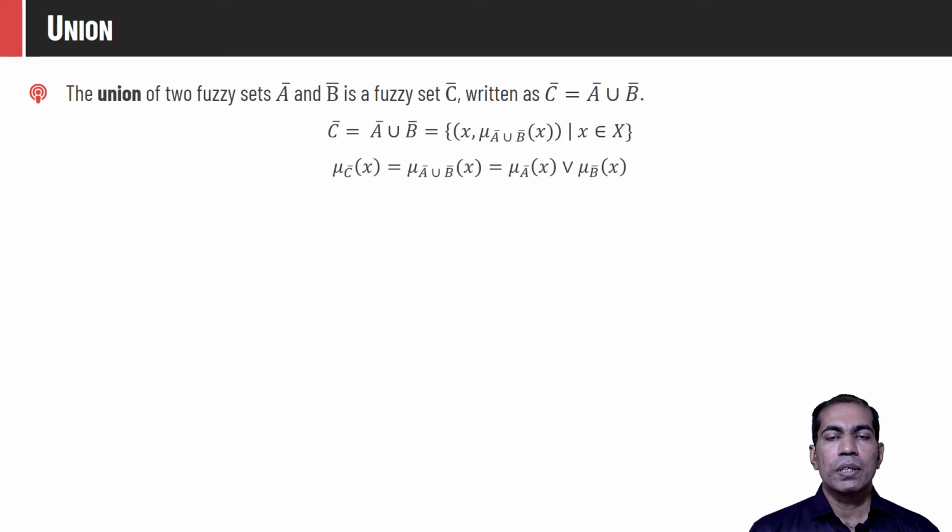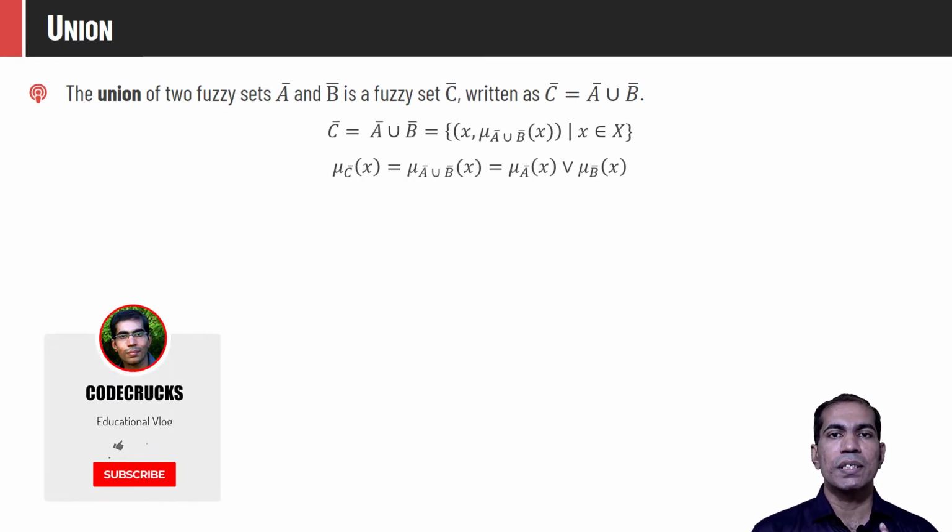We can compute the membership value in union set as follows. Mu C bar of x is equal to mu A bar of x disjunction mu B bar of x, where disjunction operation is nothing but a union operation and it always returns the maximum value of two arguments.